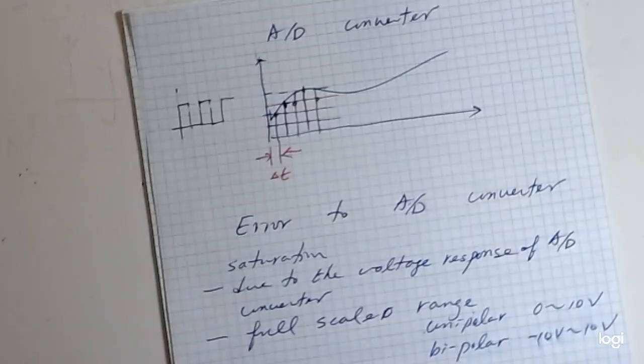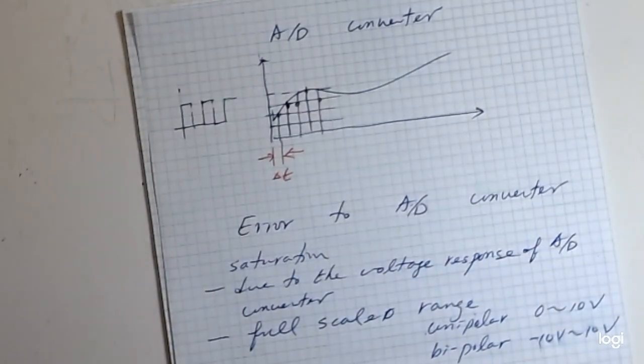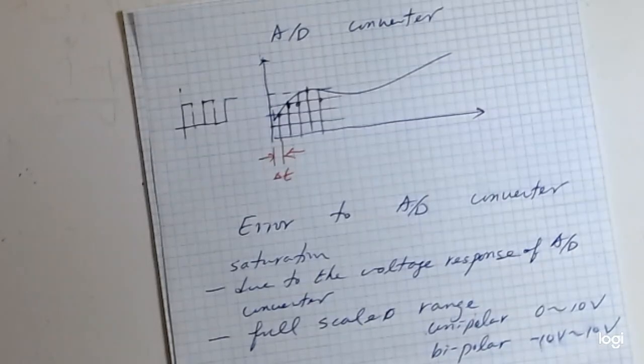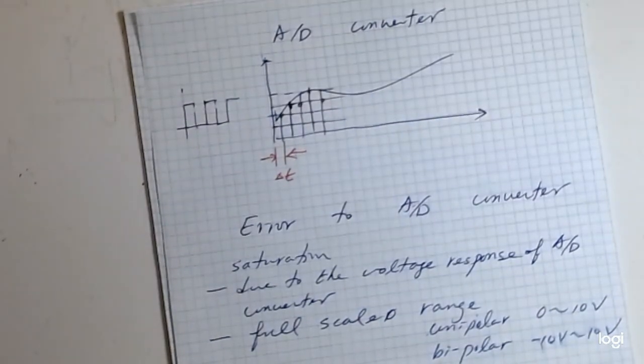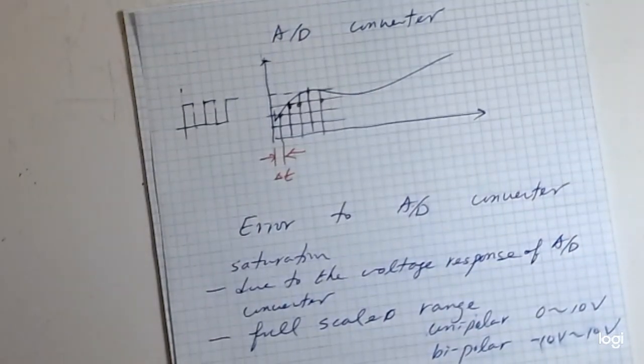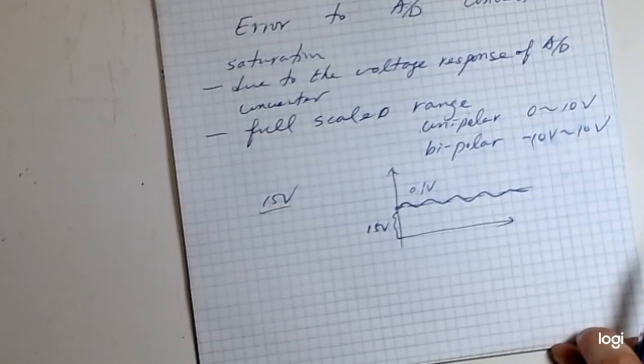So you're at 10, but it's something superimposed with the DC voltage. The amplitude is small, however this DC voltage term is big, maybe 15 volt or something, but the amplitude itself is probably 0.1 volt. So how do we take care of this?